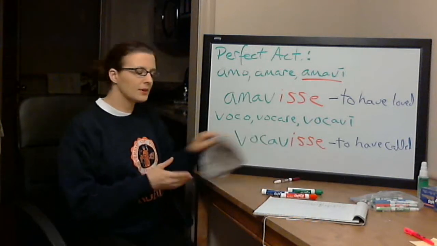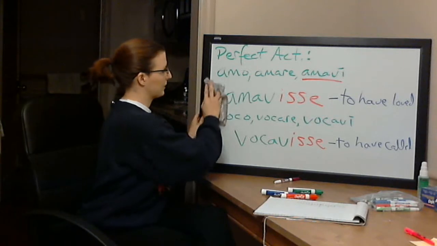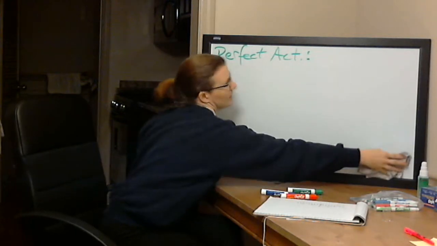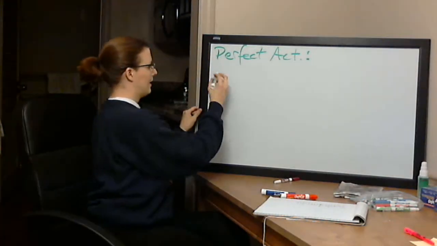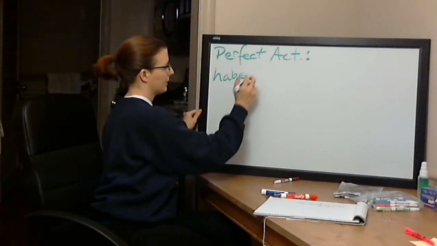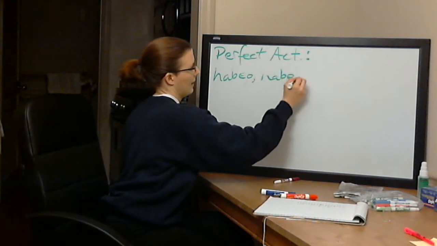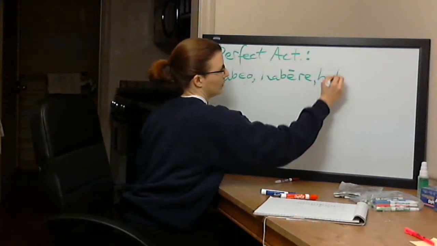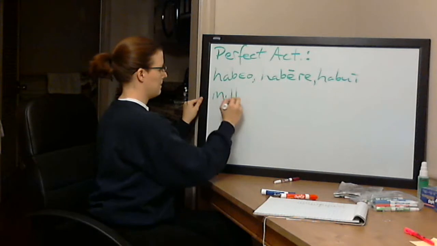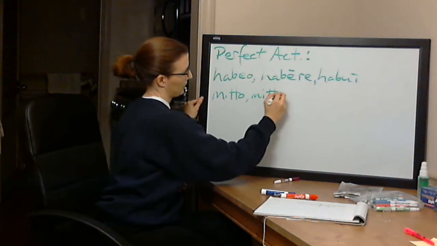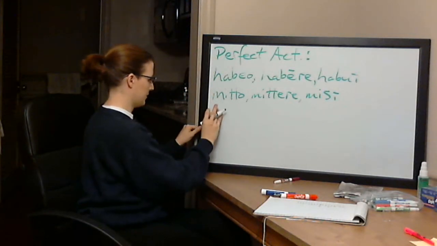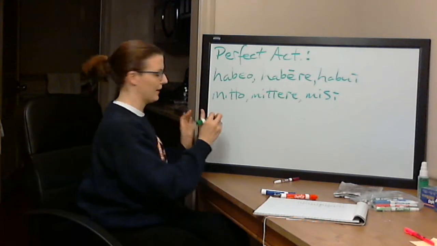Now you can do this with any of the conjugations. All that matters is the third principal part. And so for all of them, it's actually much easier to do. You don't have to worry about third conjugation being weird even. So if we have habeo, I should have an O on the end of that. Habeo, habere, habui, and then let's look at mitto, mittere, misi, and oh, we should do a third io.